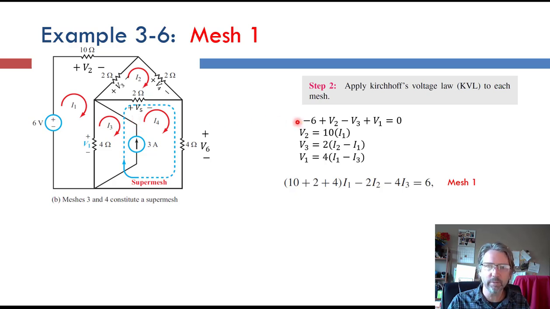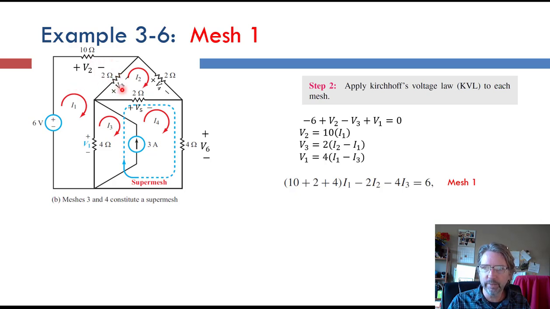Then we do Ohm's law for all of the resistors. So here V2, I1 is going from plus to minus, so that's the normal sign convention. So V2 equals I1 times 10. V3 is here, and we've got I2 going from plus to minus, and I1 going from minus to plus.